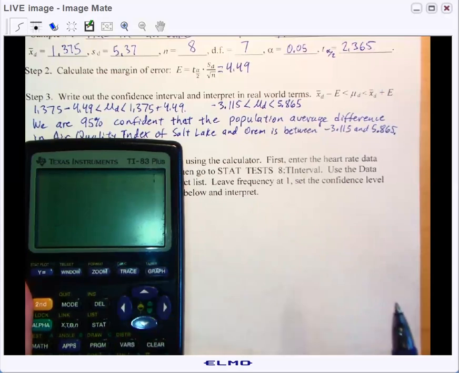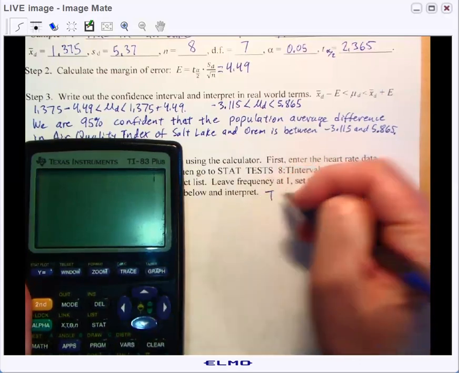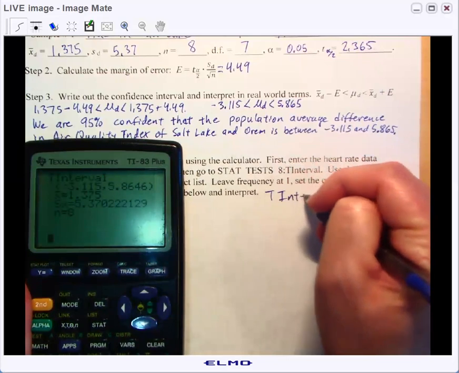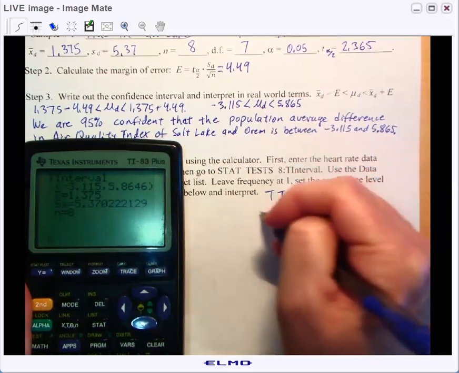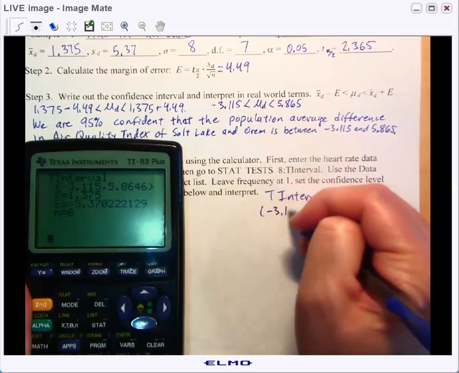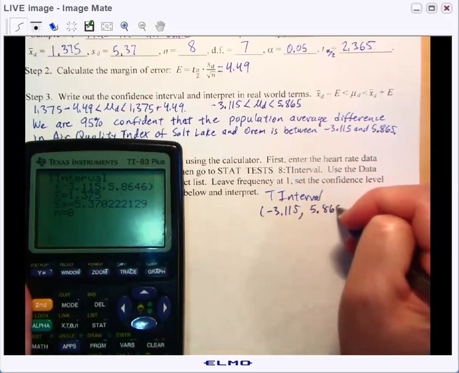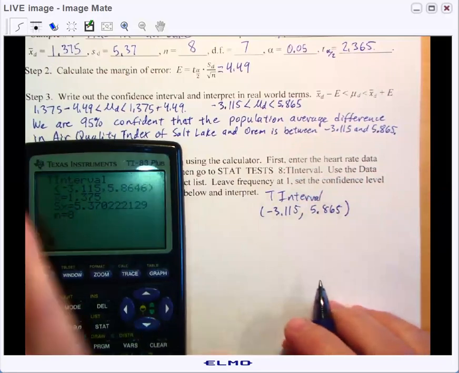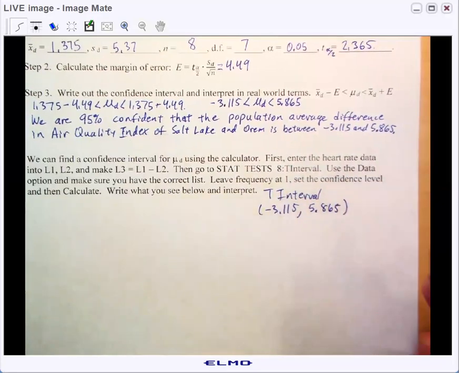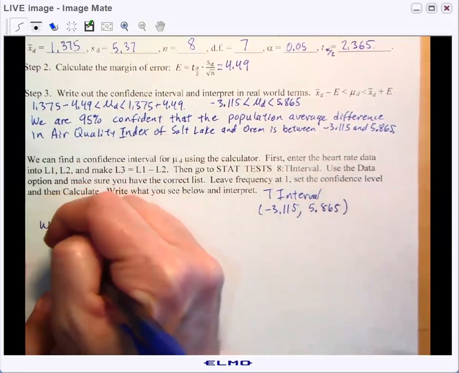Let's write this down here. So we're going to run the t-interval command, and we get negative 3.115, comma, 5.865, which coincidentally is what we got by hand. So we will now write the same thing.